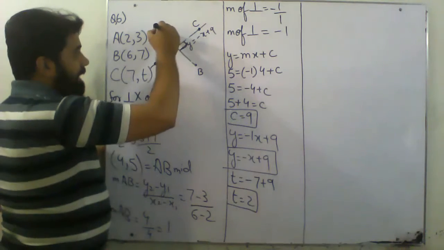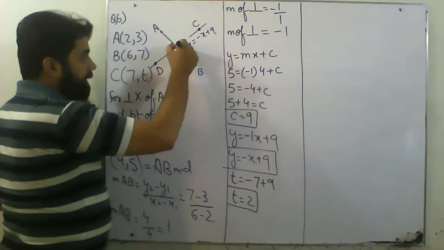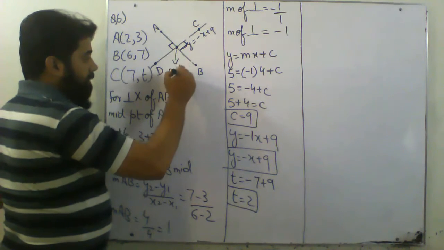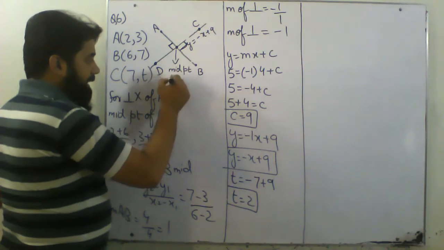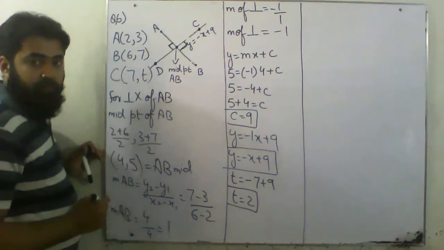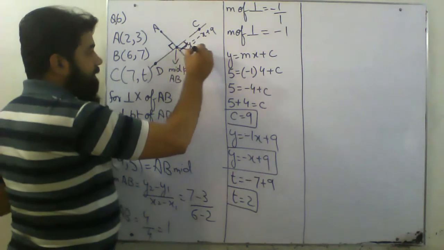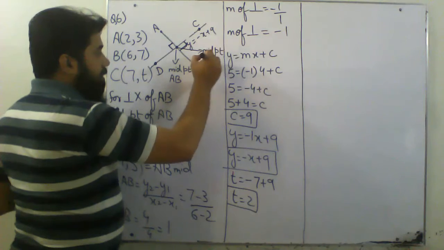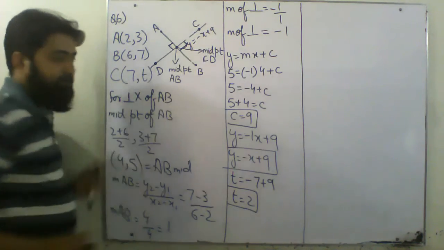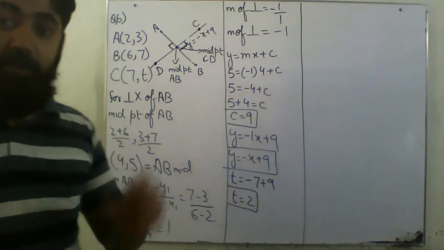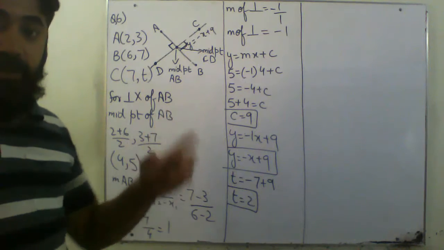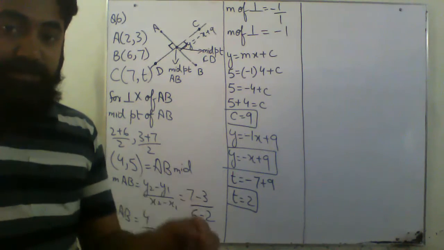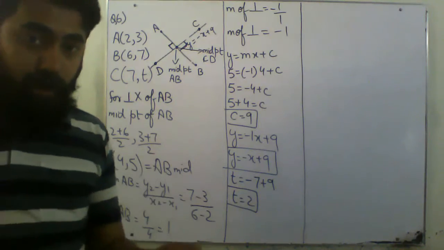It means that this point is the midpoint of AB, and the same point will be the midpoint of CD. Why is this happening? Because in this situation, AB is the perpendicular bisector of CD and CD is the perpendicular bisector of AB.